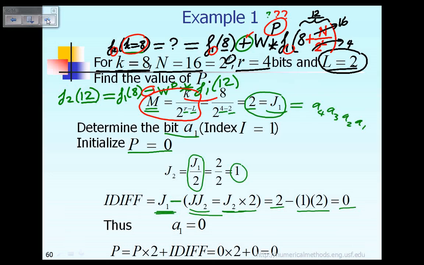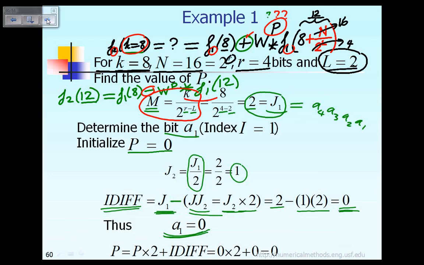According to my previous slide, when the difference is equal to 0, that means you have to set the bit A1 equal to 0. If, on the other hand, for some reason, the difference is not equal to 0, then the bit A1 has to be set equal to 1. Okay? So in this case, because the difference between j1 and jj2 is 0, you have to set the bit A1 equal to 0.